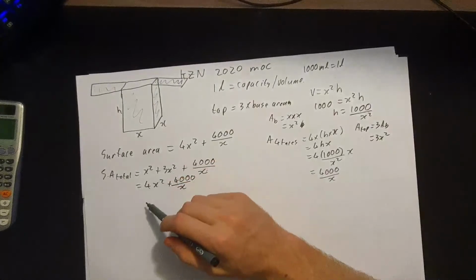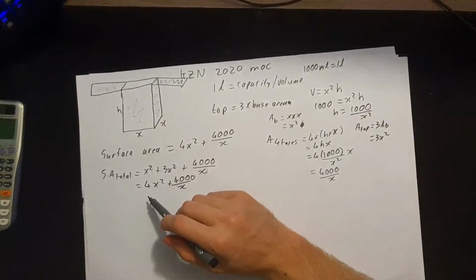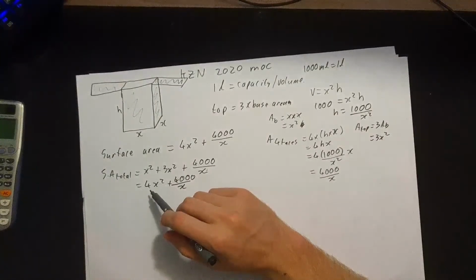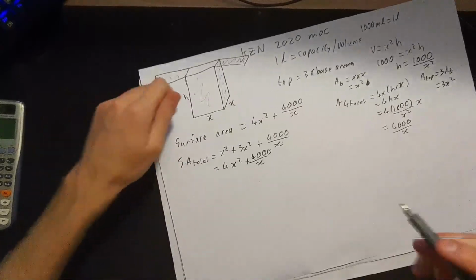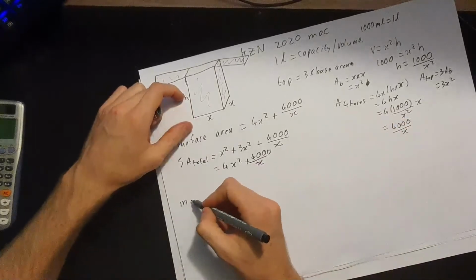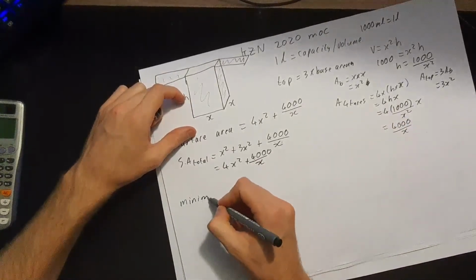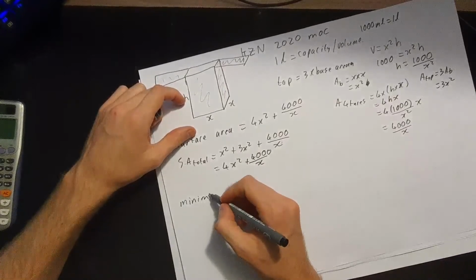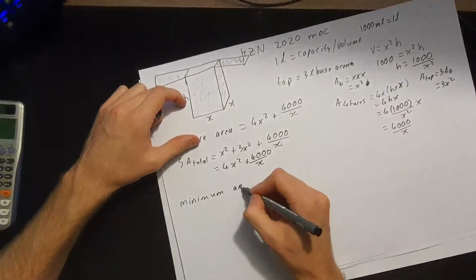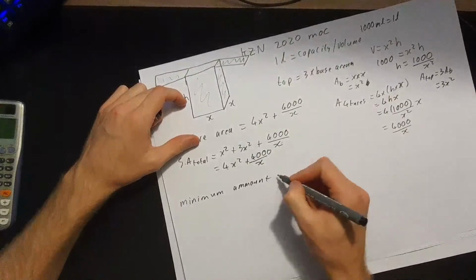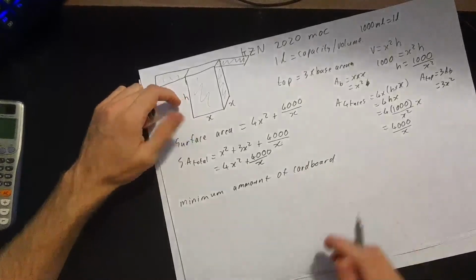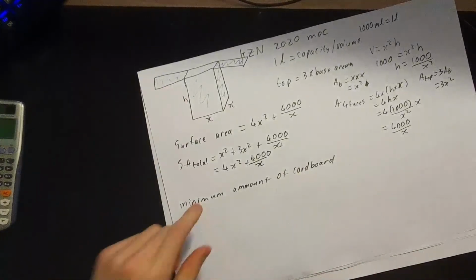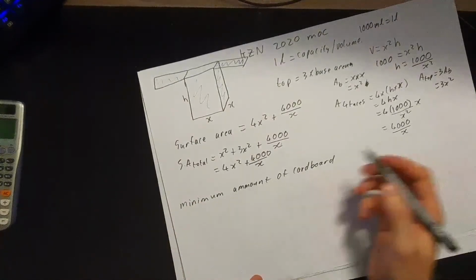Now that we have that, the next question says, determine the dimensions of the carton so that the minimum amount of cardboard is used. So we're minimizing this, trying to save as much as possible. Because we need to minimize it, we have to set the derivative equal to 0.